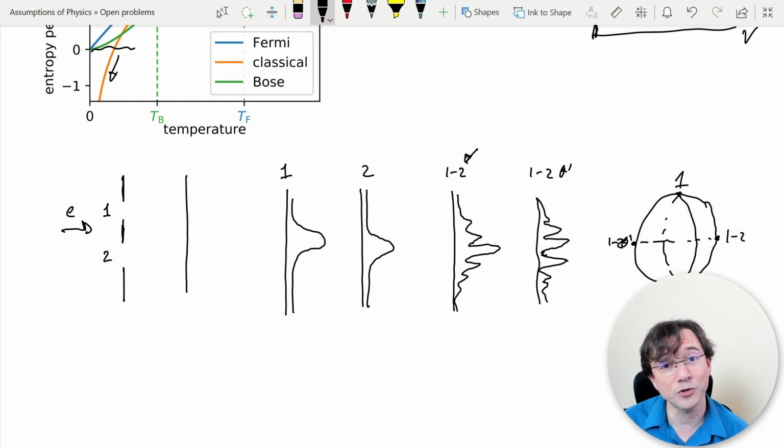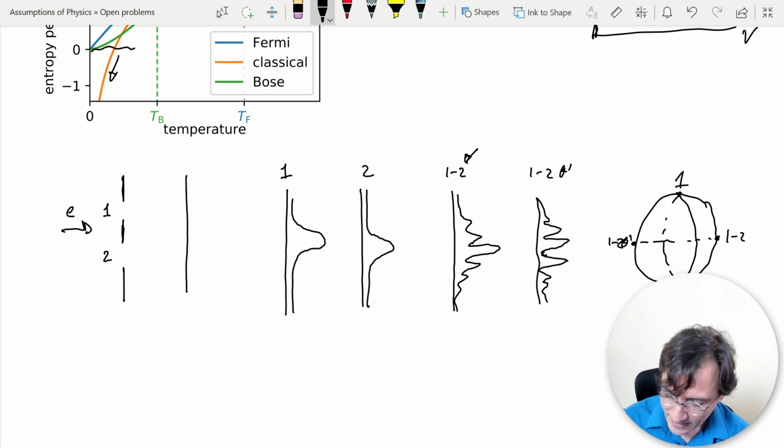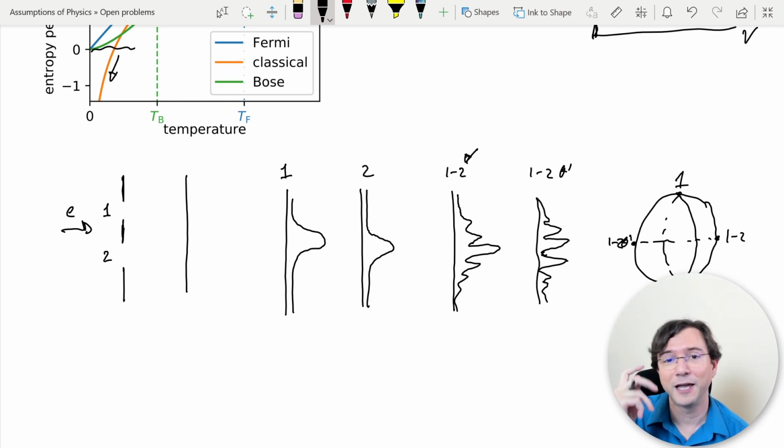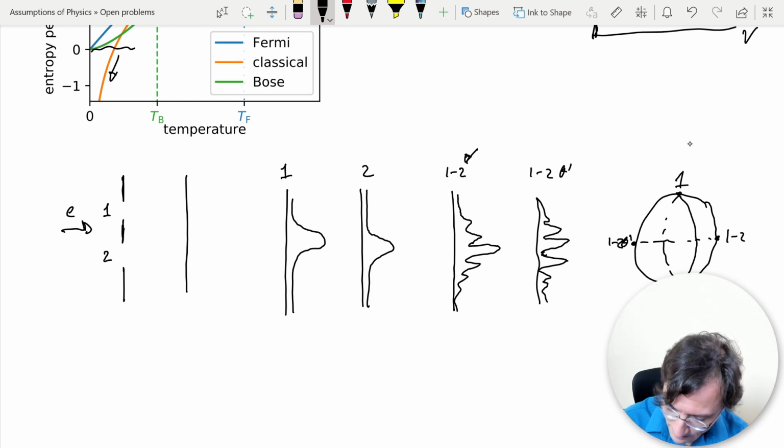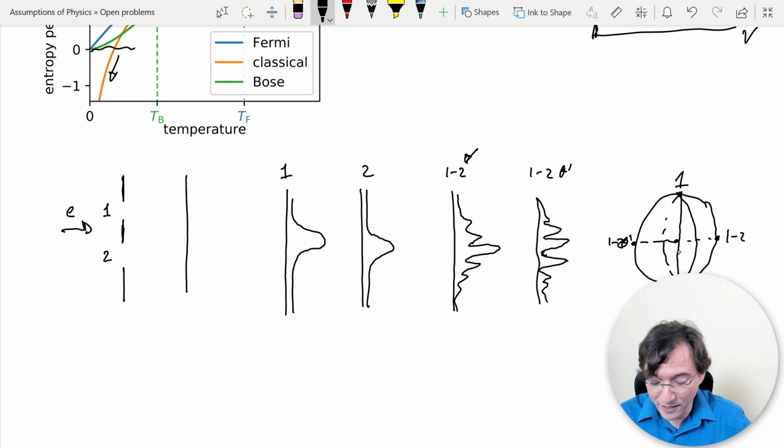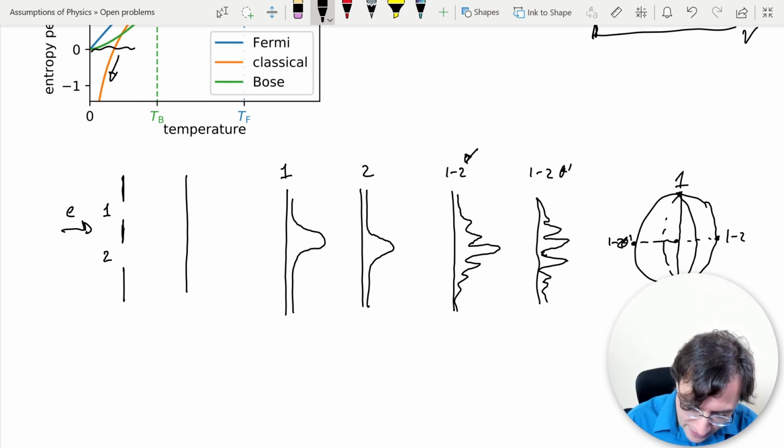Now, what you can see readily here is that this is a quantum system, so we have multiple decompositions. What does that mean? We could take an equal mixture of the two states, right? If we did that, we wouldn't get an interference pattern, we would just get the two peaks.